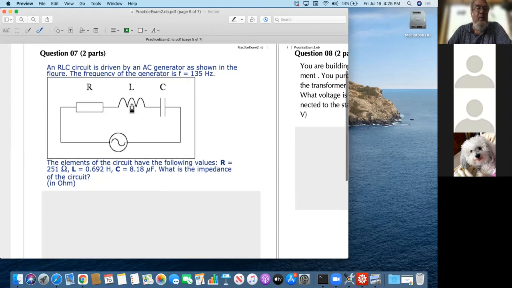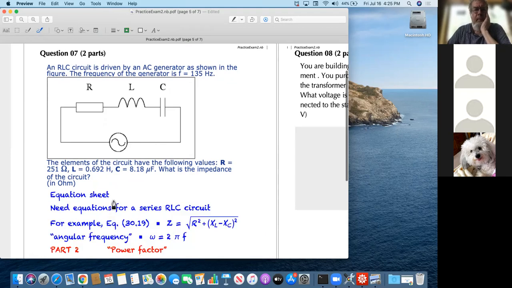So again, you'll remember that from the chapter on AC circuits. Make sure you have some of the important equations on your equation sheet. You need the equations for a series RLC circuit. Now, what are you supposed to calculate here?